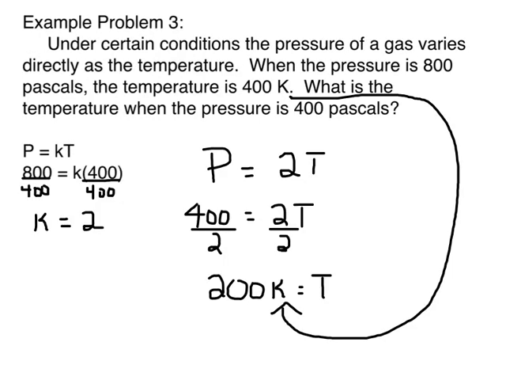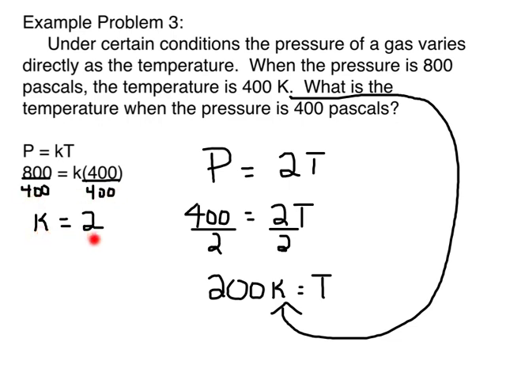In problem 3, it says under certain conditions, the pressure of a gas varies directly as the temperature. When the pressure is 800 pascals, the temperature is 400 K. What is the temperature when the pressure is 400 pascals? Alright, again, we have to find out what this constant would be. So if the pressure is 800 and the temperature is 400, we solve by dividing both sides by 400.